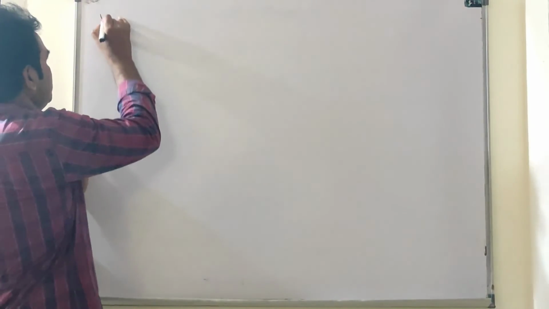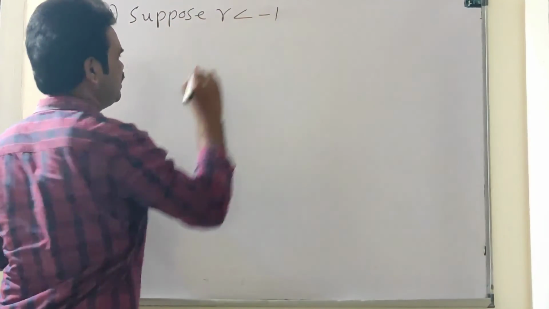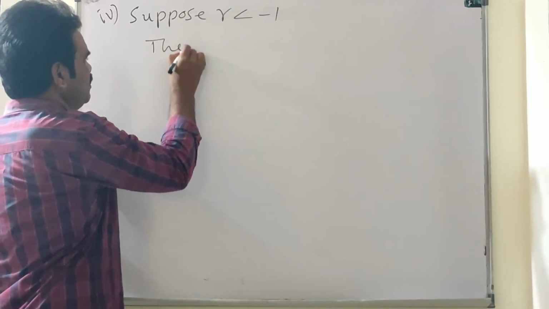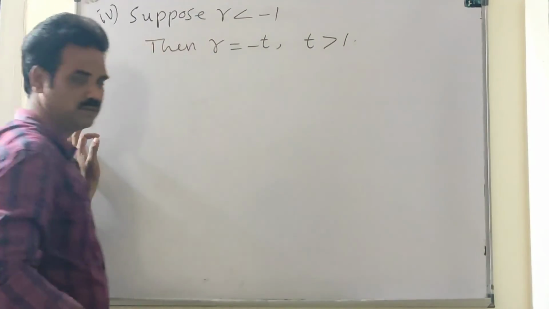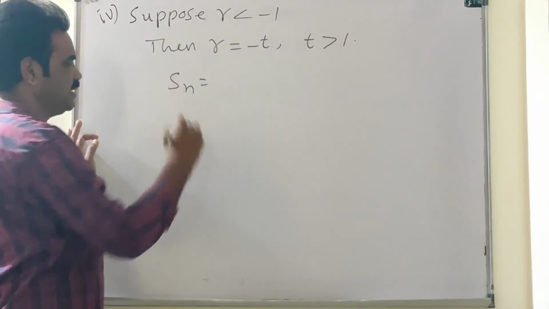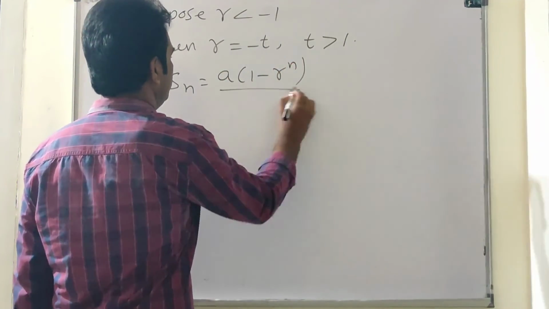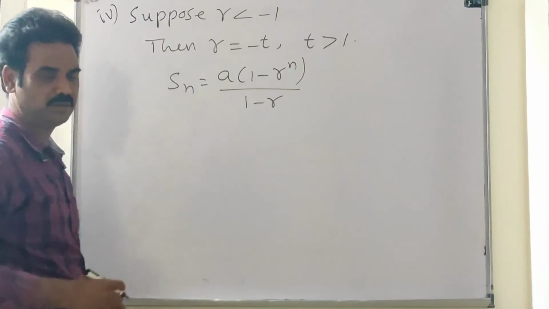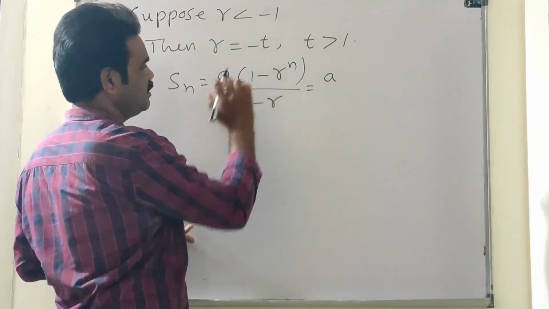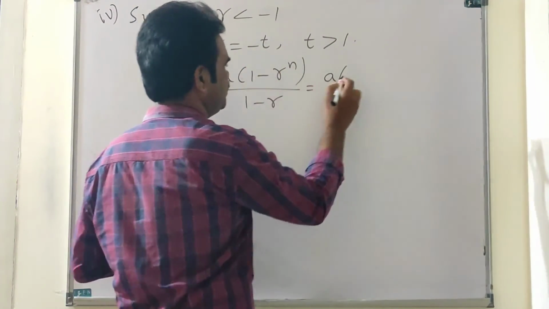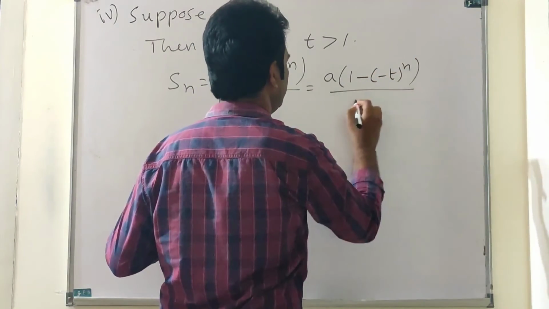Next, last case. Suppose r less than minus 1. Then you can write r equal to minus t with t greater than 1. Now the nth partial sum Sn is equal to a into 1 minus r power n by 1 minus r. That is equal to a into, what is r here? Minus t. That means a into 1 minus minus t whole power n by 1 plus t.